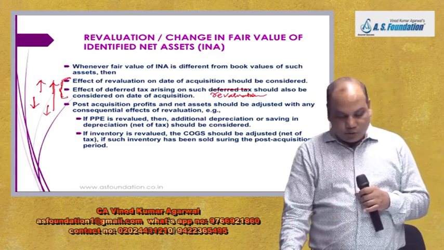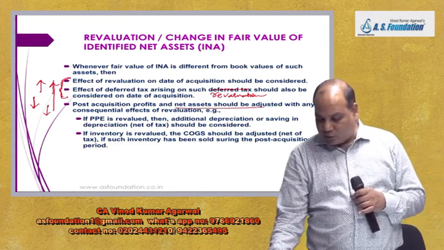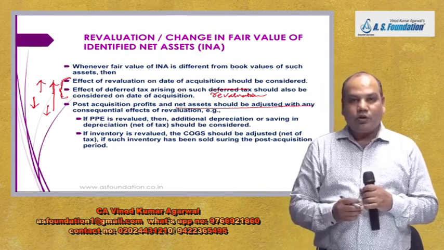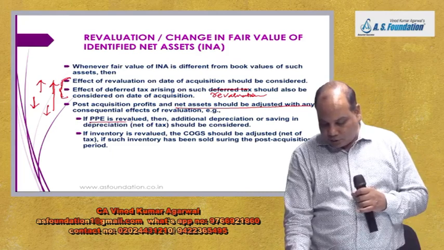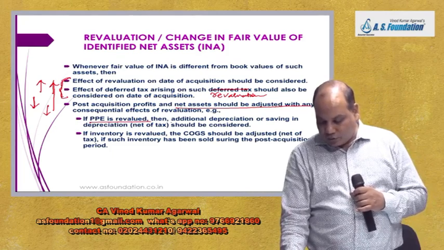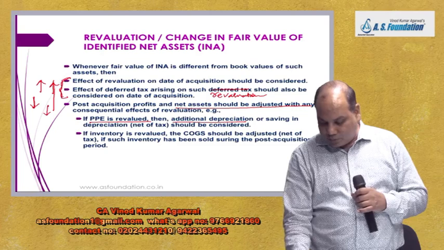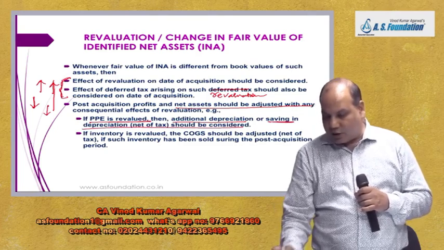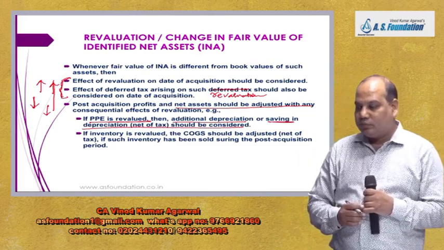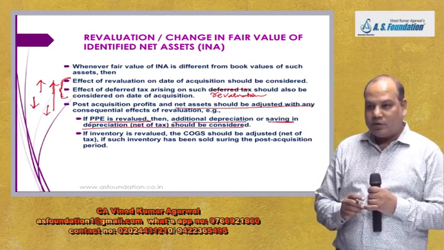So post acquisition profit and net asset should be adjusted with any consequential effect of revaluation. For example, if PPE is revalued upward, then additional depreciation. If PPE is revalued downward, then saving in depreciation, net of tax should be considered. Net of tax means deferred tax implication.